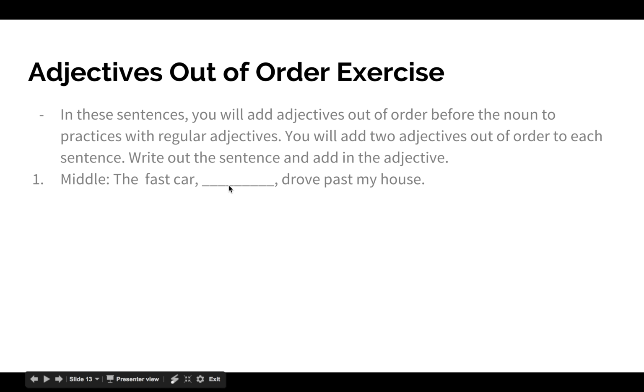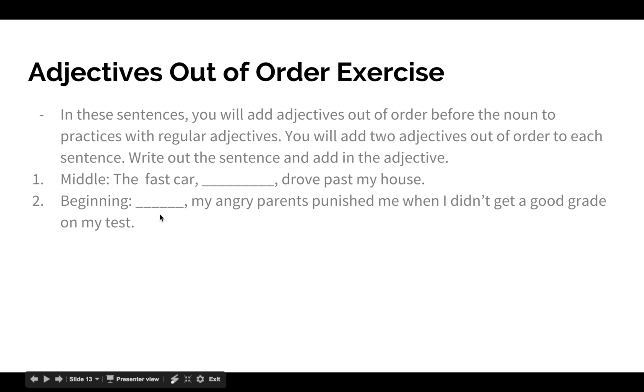The fast car, blank, drove past my house. Blank, my angry parents punished me when I didn't get a good grade on my test. So again, the blank spaces are where your adjectives out of order are going to go. I couldn't believe my eyes when I saw the blazing fire, blank.